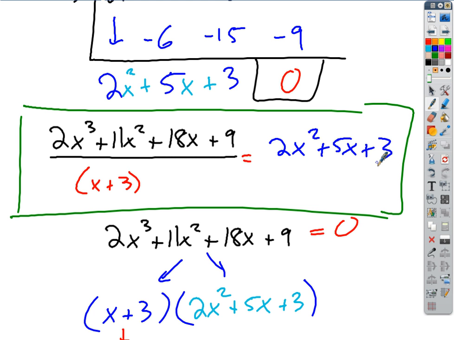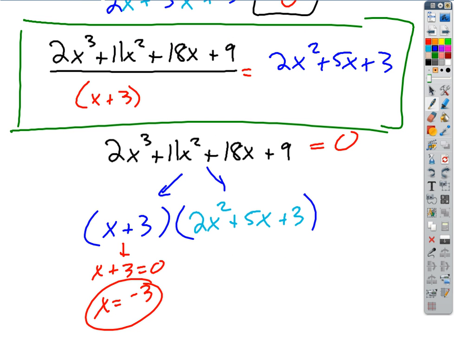So then, doesn't that mean that if this divided by this equals this, what if I just multiplied both sides by x plus 3? That's going to clear it off the bottom of this side and multiply it by this whole thing over here, isn't it? I end up with this equals that times that.